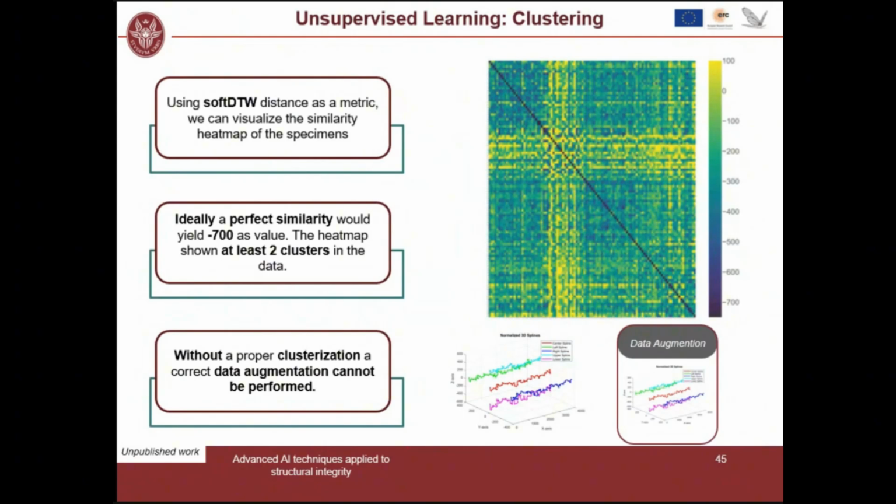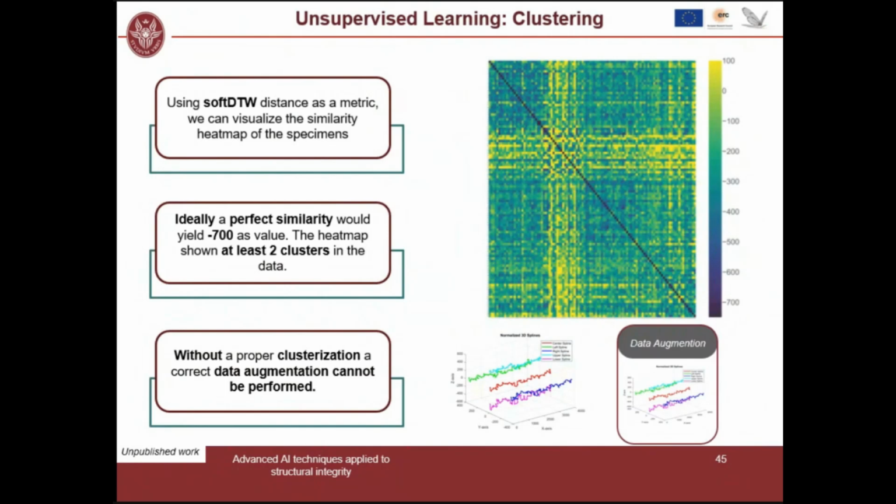So I compare the spline associated with each struct to all the others, and as the metric I use soft DTW. It is like a Euclidean distance, but for sequences.